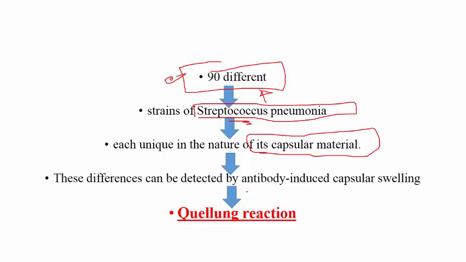This identification is called the Quellung reaction, in which the antigen present on the capsule is identified through an antigen and antibody reaction.